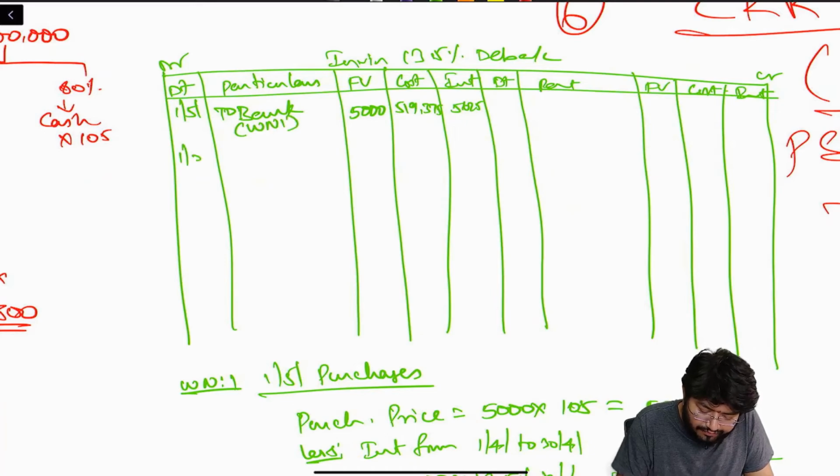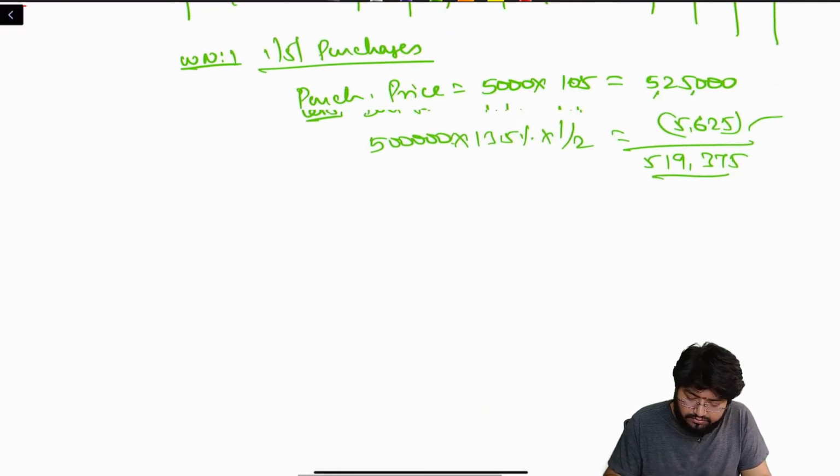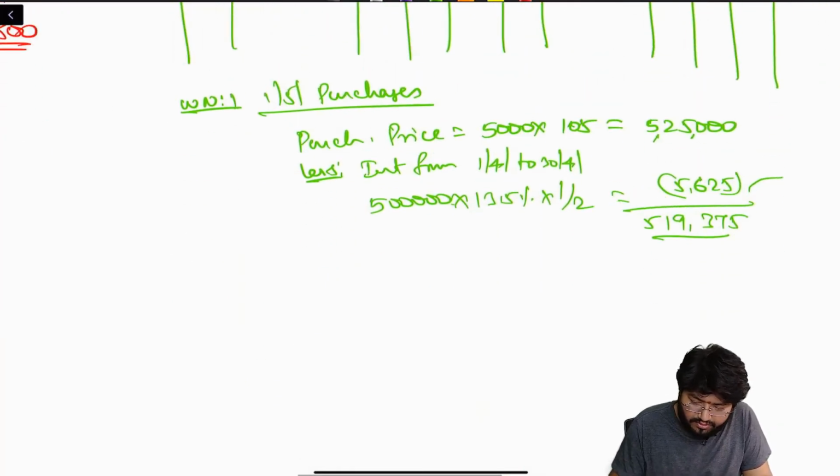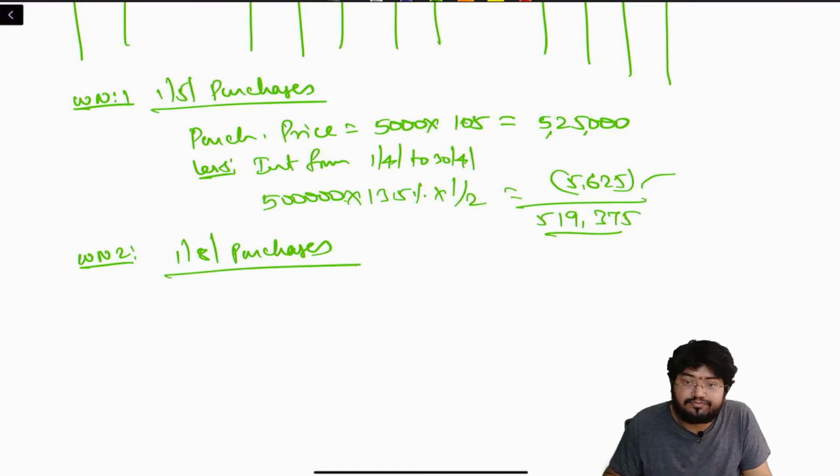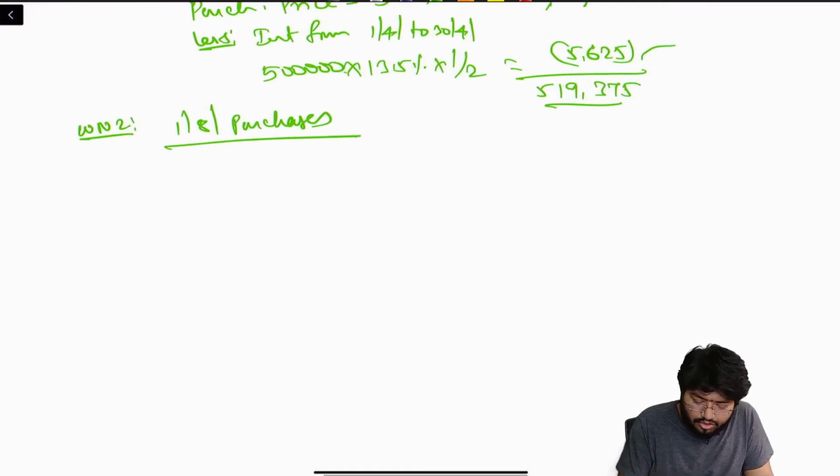Next, 1st of August to bank, working note 2. So what is the purchase price again?